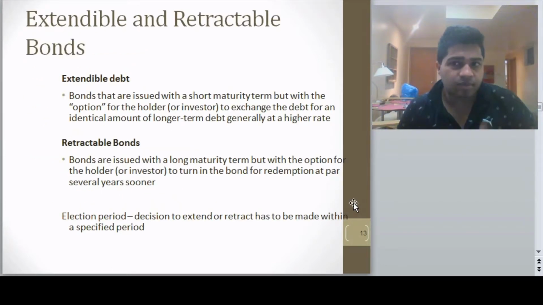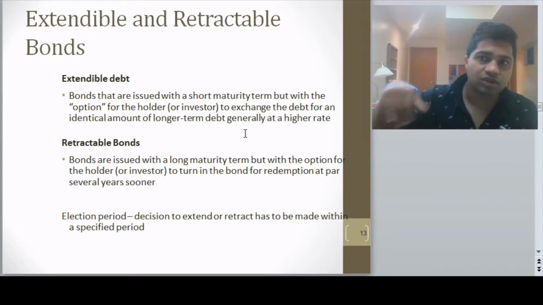Now, a callable bond was an option for the issuer. Extendable debt and retractable bonds are an option for the bondholder. Extendable bonds are issued with short-term maturity but with an option for the holder to exchange the debt for an identical amount of long-term maturity at the same interest rate or at a higher interest rate.